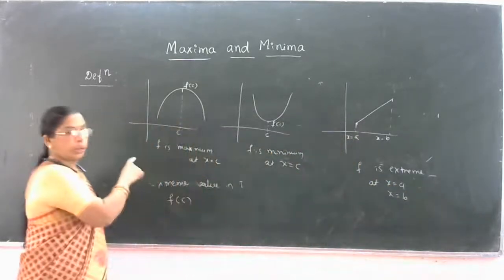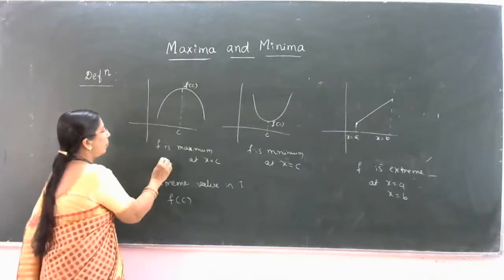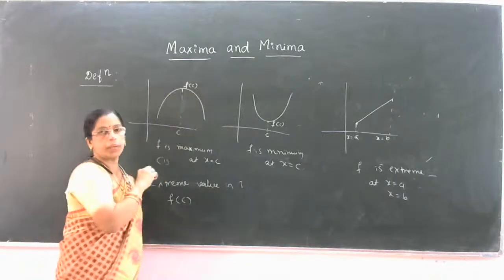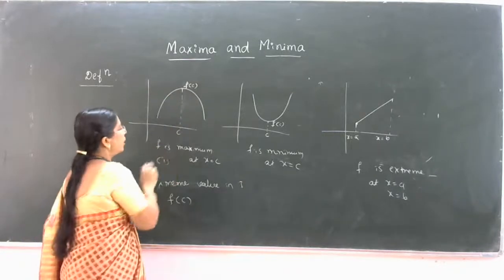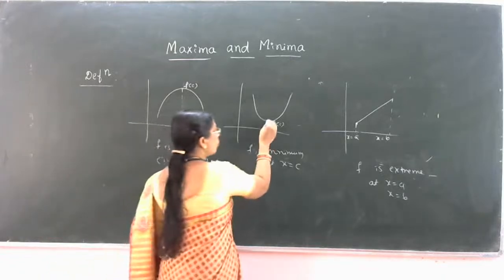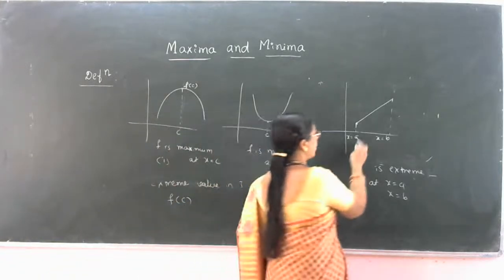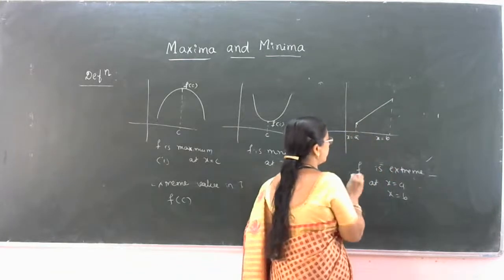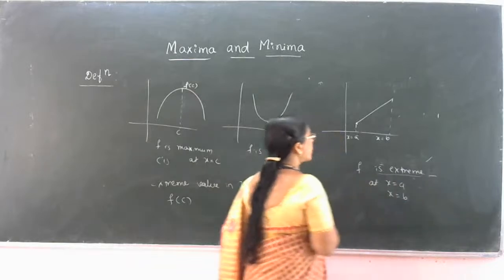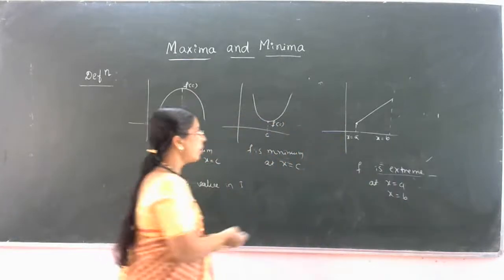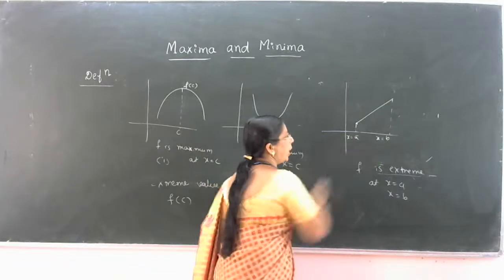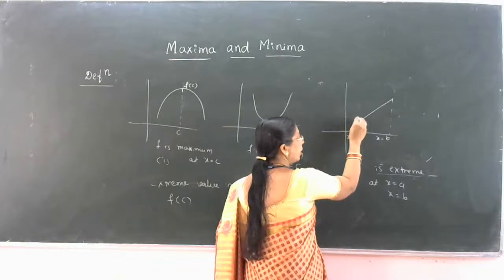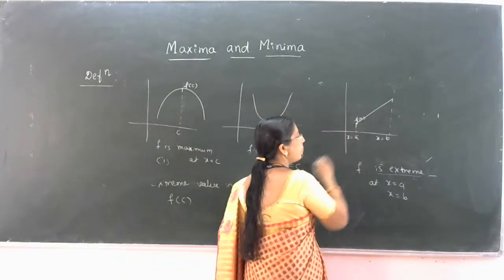In the first graph, we see only the maximum in this curve. Here, it's only minimum. But in this third one, maximum value is there and minimum value is also there. Therefore, f has extreme points at x equal to A and x equal to B. At x equal to A, f of A is the minimum value.